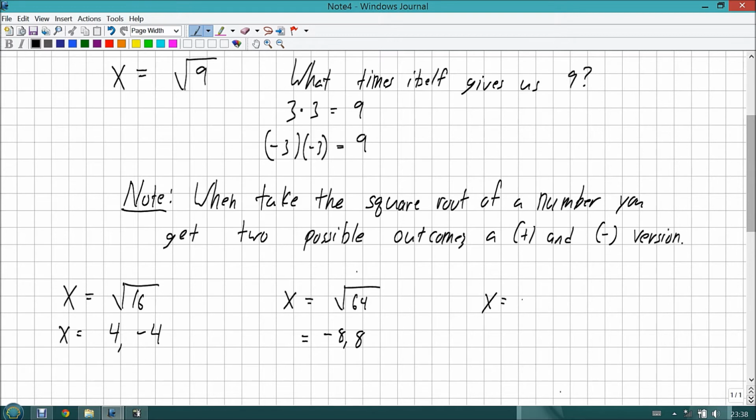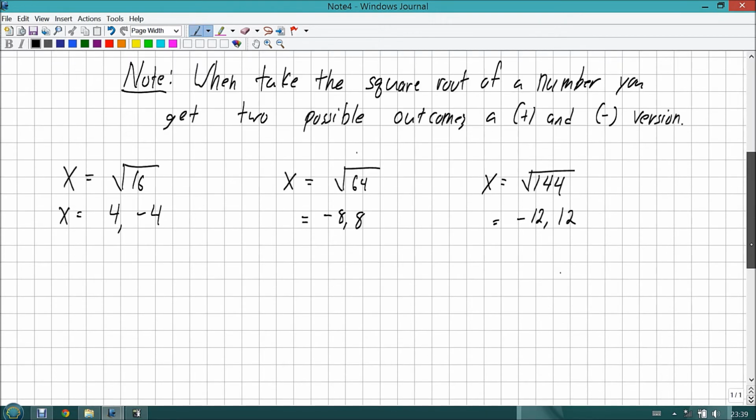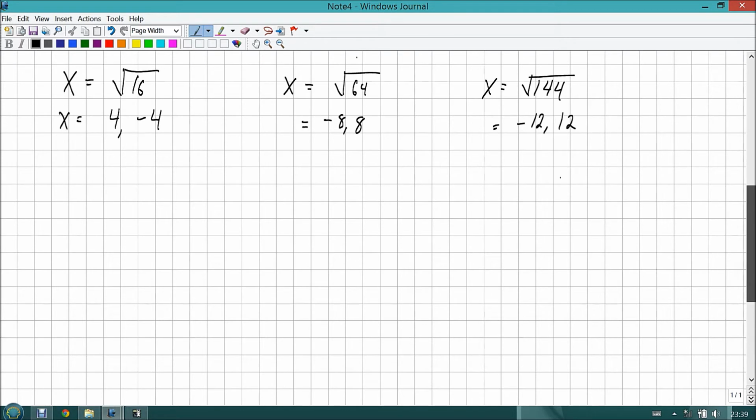If x is equal to the square root of 144, then that would be either negative 12 or positive 12. In every case that we take the square root of a number that we can take the square root of, in other words, positive numbers, you get an answer where you will have either the positive version or the negative version.